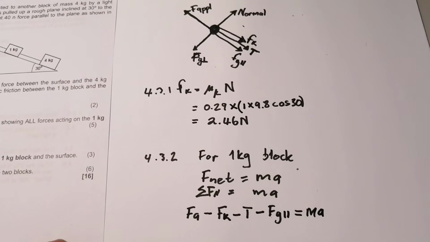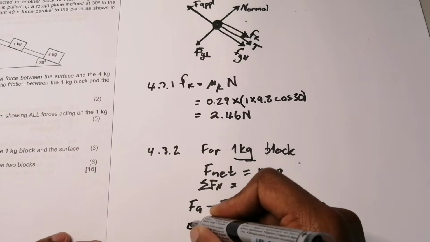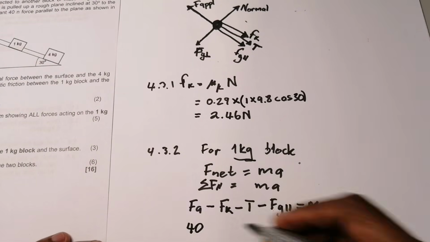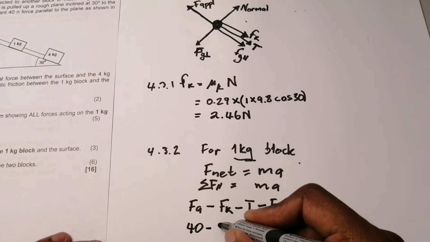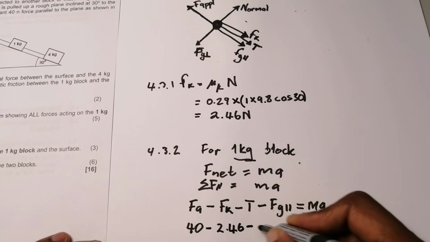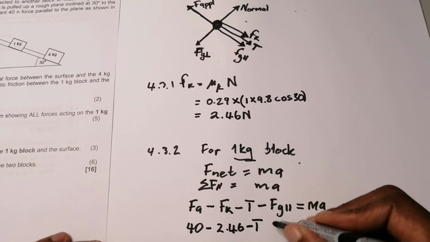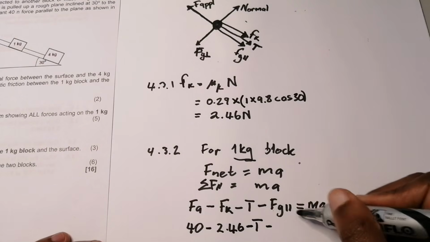Now please remember, we are still just working on the 1 kg block. So force applied, they told us it's 40 newtons, minus frictional force. Remember, for the 1 kg block, we said it's 2.46, minus the tension. We don't know what the tension is. That's what we're asked to get. Minus Fg parallel.